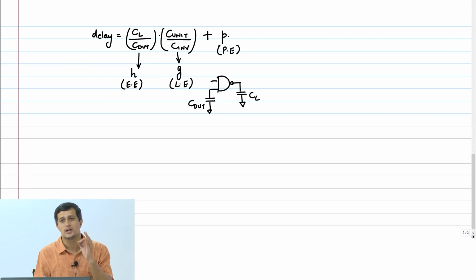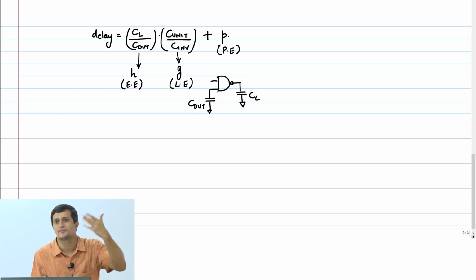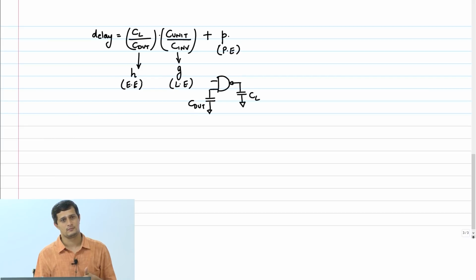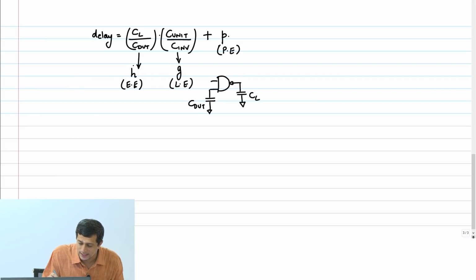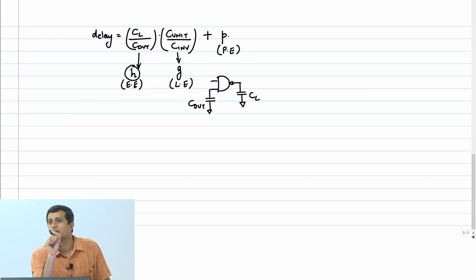The electrical effort depends on the drive strength of the gate. If I have a 1x gate, then it presents less capacitance. If I have a 10x gate, gate has been upsized by a factor of 10, then it presents a larger capacitance and therefore the electrical effort will change. Okay? So this is the guy that actually captures the sizing part of the gate.